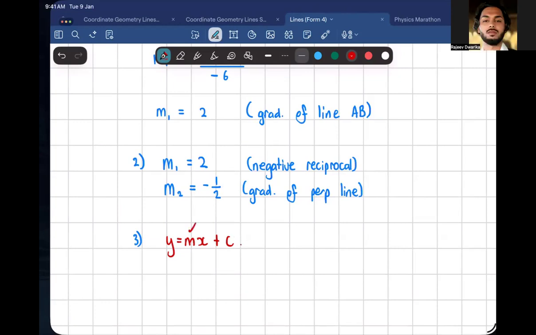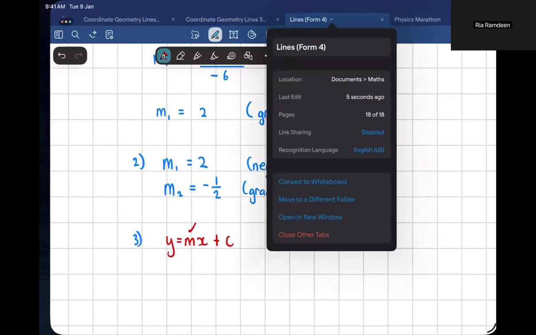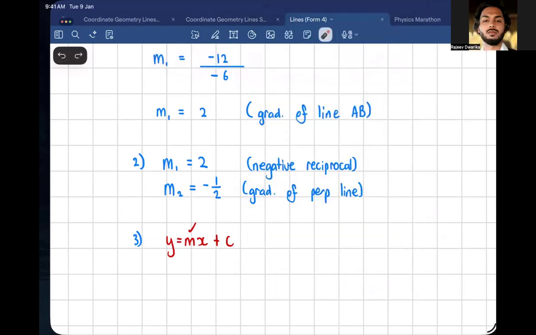I'm missing the intercept. How do we find the intercept? By taking a point. I think the confusion is that you think x and y is 2 points. No, x and y is 1 point.